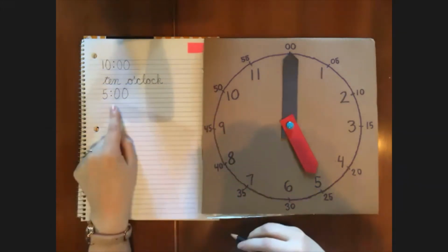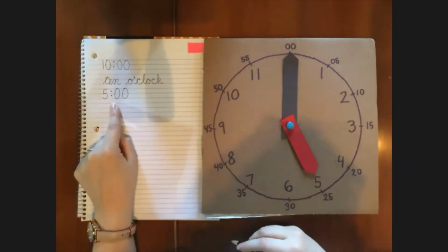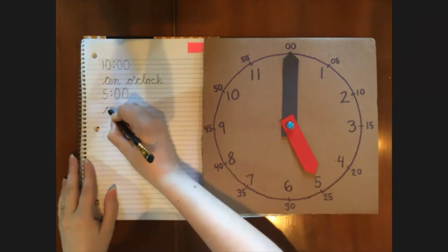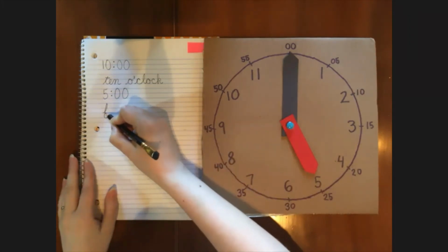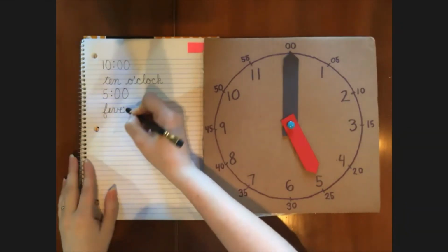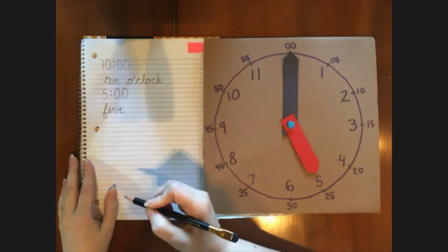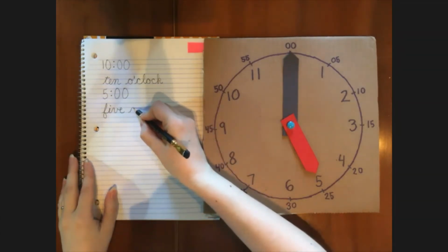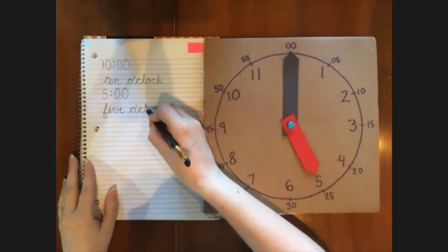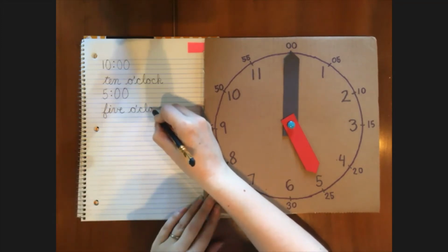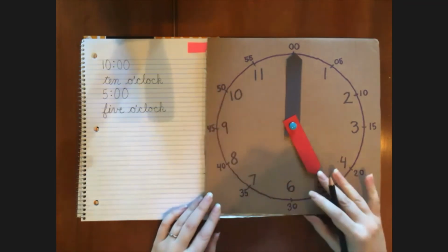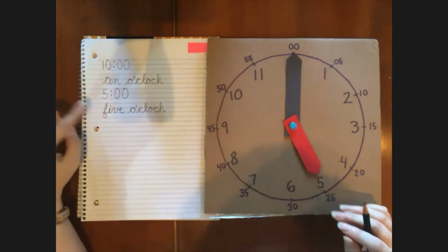So we have 5 o'clock with our number symbols, and we can write 5 o'clock with words. Five, o'clock.